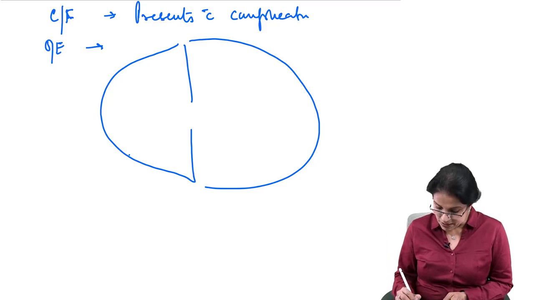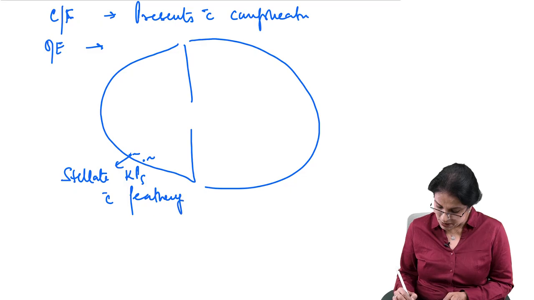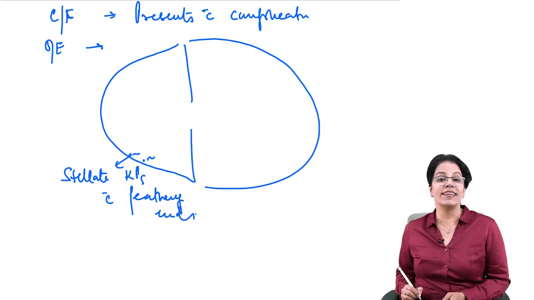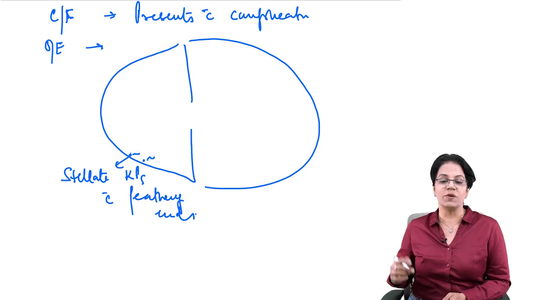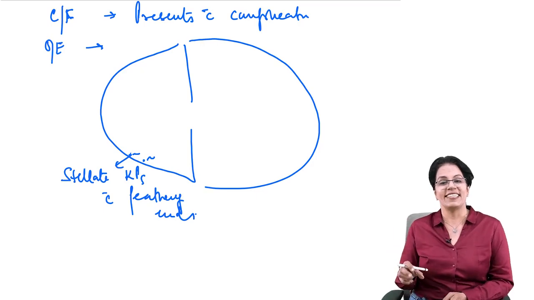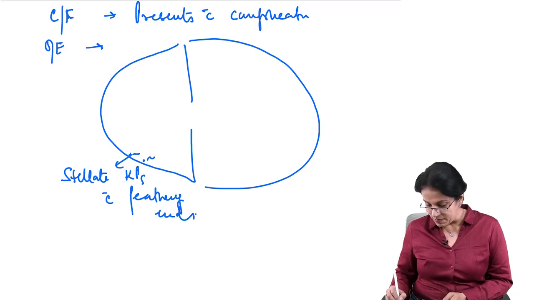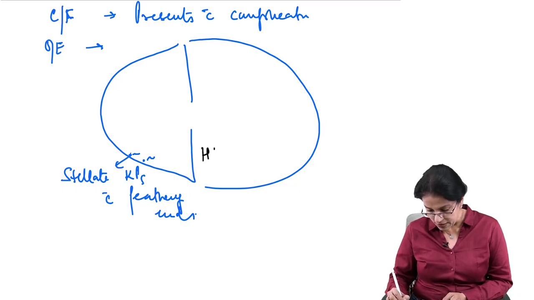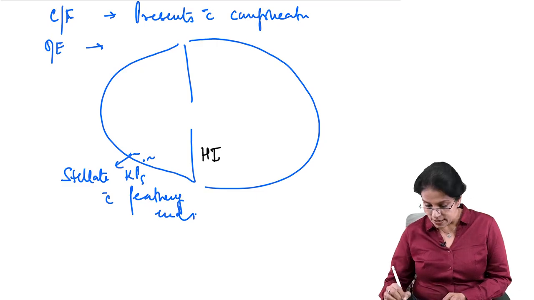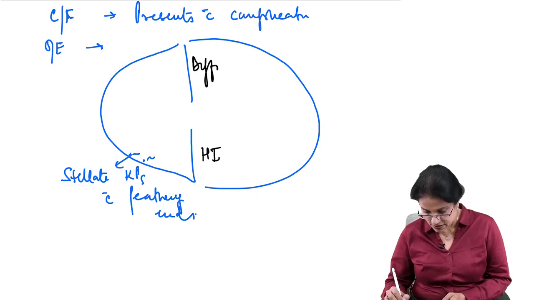Number 1, he will have the KPs. Very important, these KPs are stellate KPs with feathery ends. We talked about stellate KPs elsewhere, in viral uveitis also we mentioned this, but please learn more for this. It is asked in your exam. Secondly, we can mark it on the diagram itself, heterochromia-itis. And thirdly, there is diffuse iris atrophy this time.